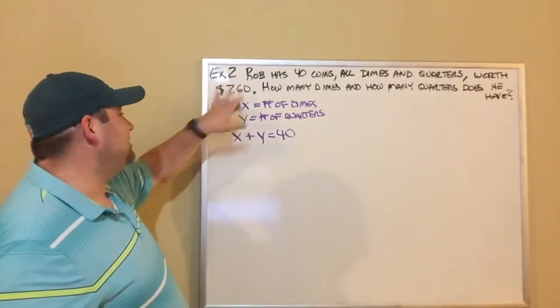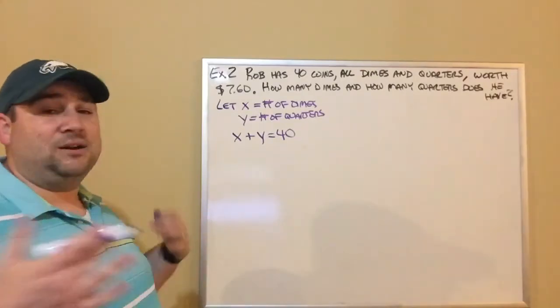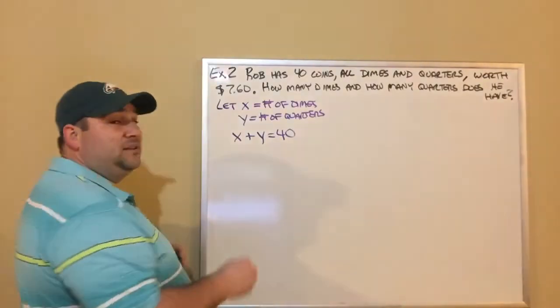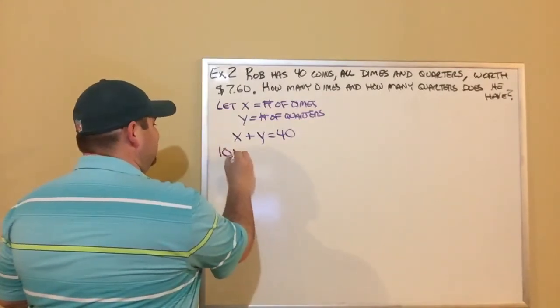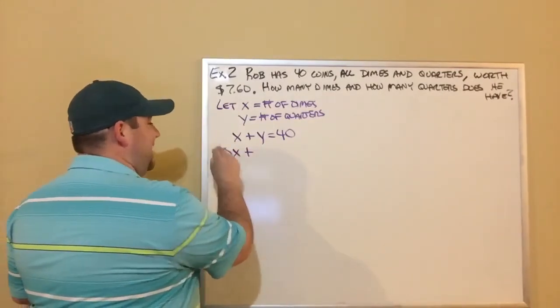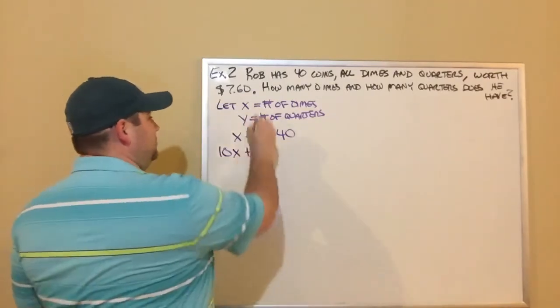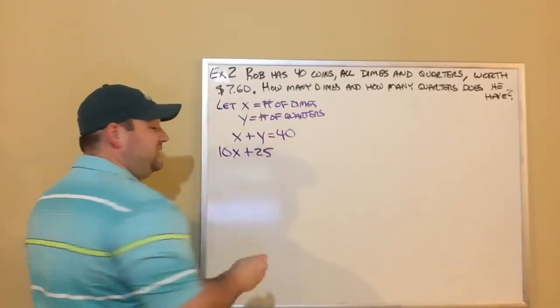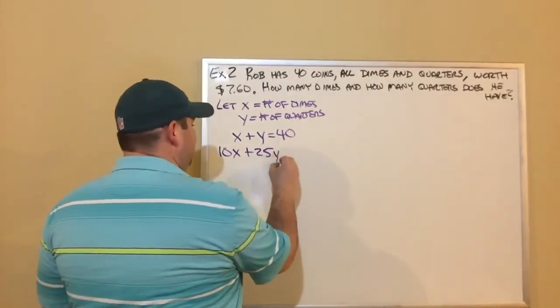And $7.60 also is a decimal. Decimals just make this a little more complicated. You can get around the decimal though. So instead of doing 0.10 for a dime, I can just do 10. I can say it's 10x. So 10 times the number of dimes is how many cents the dimes are worth. I could do 25 for a quarter. 25 times the number of quarters will tell me how many cents that is. So 25y.